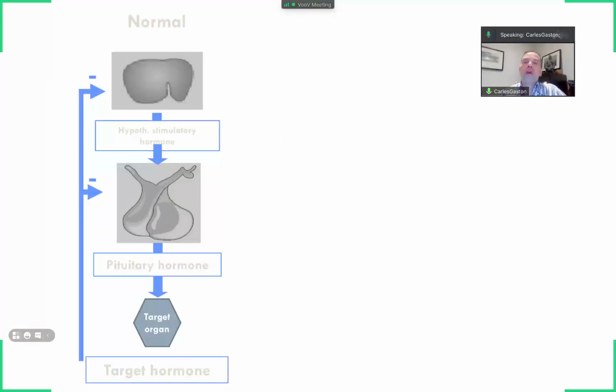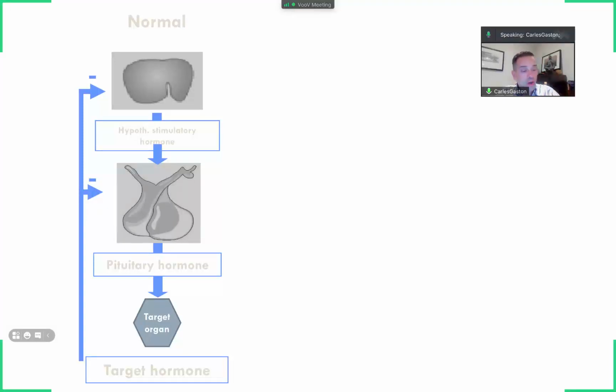So let's look at the scenarios of how tumors may affect the imbalance of hormones. We have the hypothalamus, normal, that secretes the hormone releasing hormones that act on the pituitary gland. The pituitary gland secretes pituitary hormones that target organs. And which organs do they target?